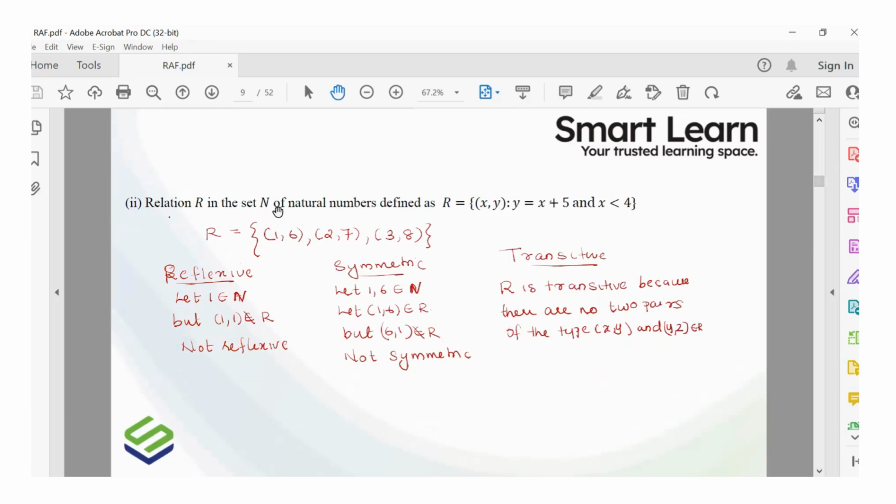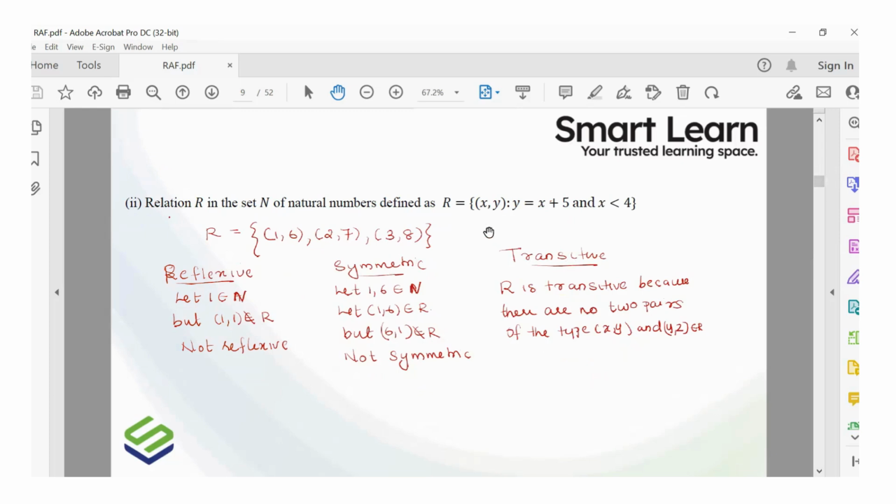Here the relation in the set N of natural numbers: (x, y) such that y equals x plus 5 and x less than 4. So I got the elements. Reflexive means if I am taking 1, then (1, 1) should be there, but it is not there. Symmetric: when I am taking (1, 6), (6, 1) should be there, but it is not there.